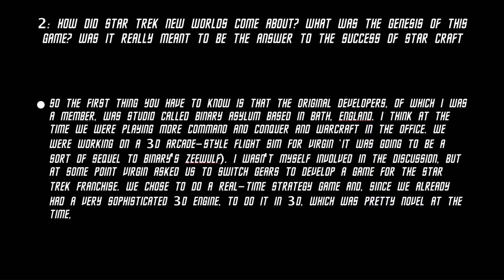It was going to be a sort of sequel to Binary's Zeewolf, I think? I wasn't myself involved in the discussion, but at some point Virgin asked us to switch gears to develop a game for the Star Trek franchise. We chose to do a real-time strategy game and, since we already had a very sophisticated 3D engine, to do it in 3D, which was pretty novel at the time.